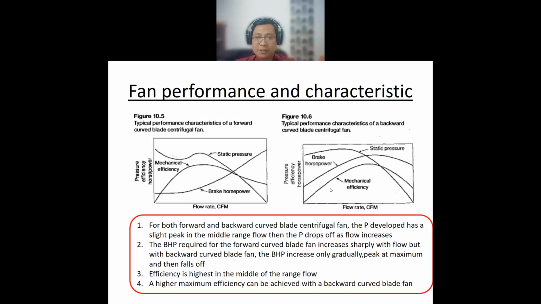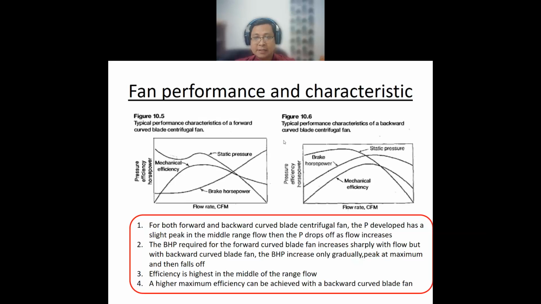The same thing applies when we talk about the other characteristic of the fan, the backward curve blade centrifugal fan. We need to meet all the good performance.